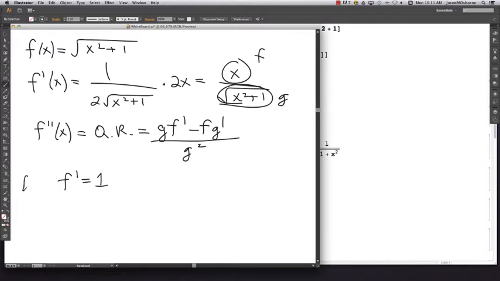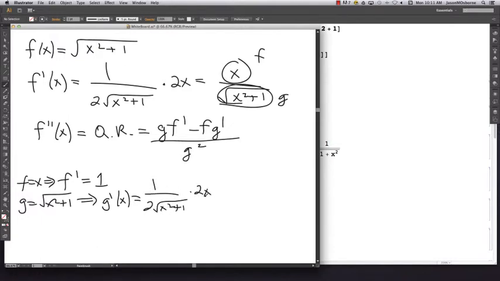That's pretty easy because f is equal to x. The function g is the square root of x squared plus 1. And that means that g prime of x is 1 over 2 square root of x squared plus 1 times 2x, which is what we had earlier.